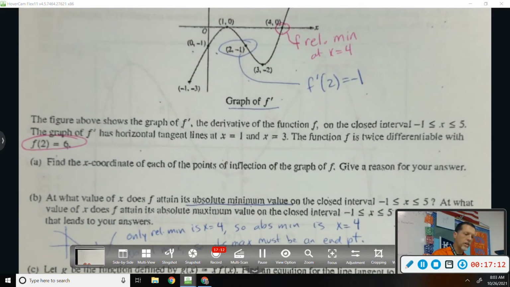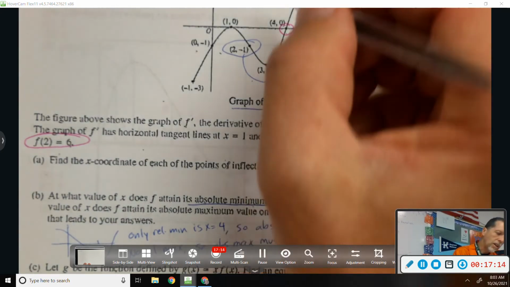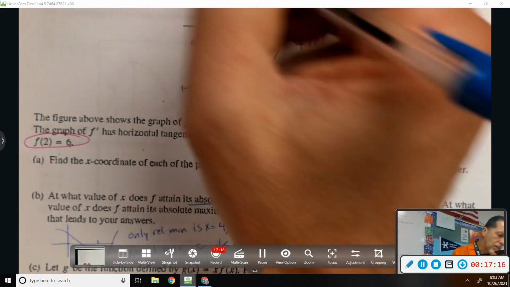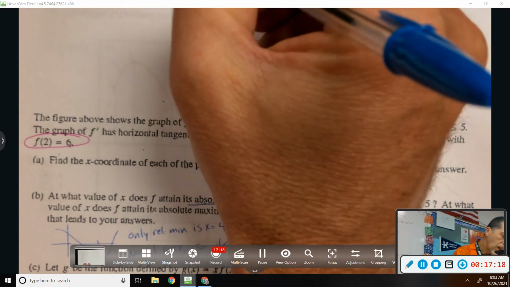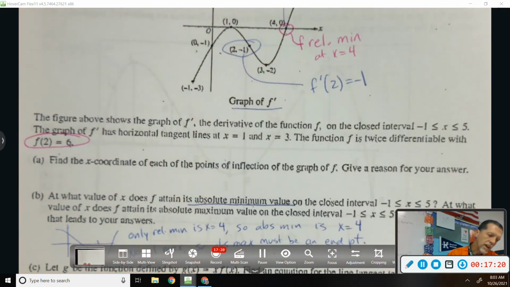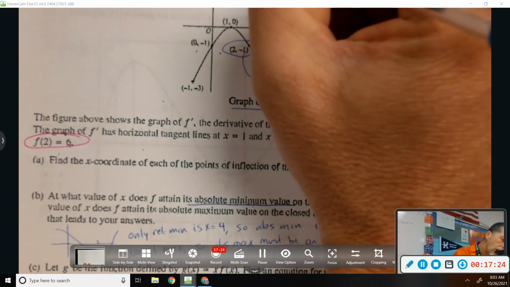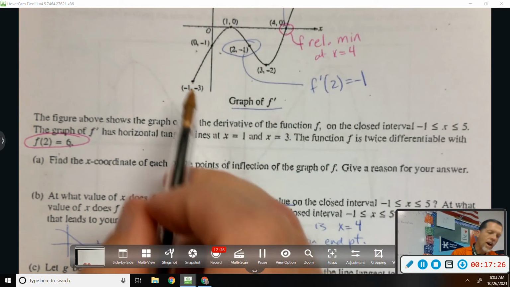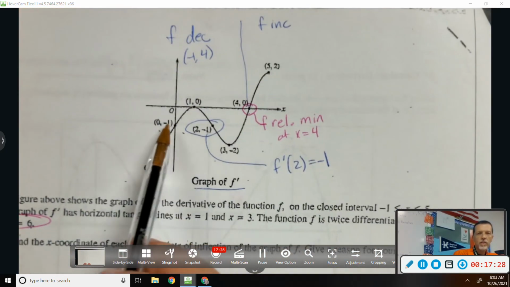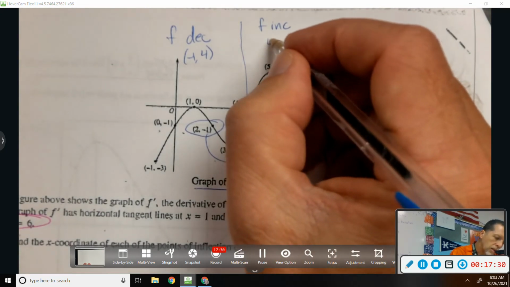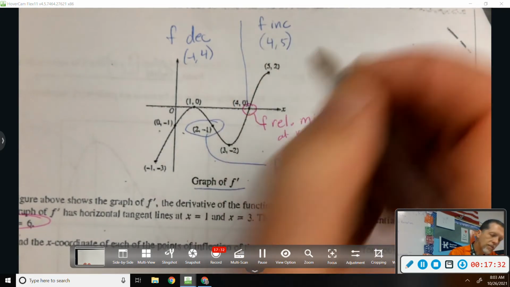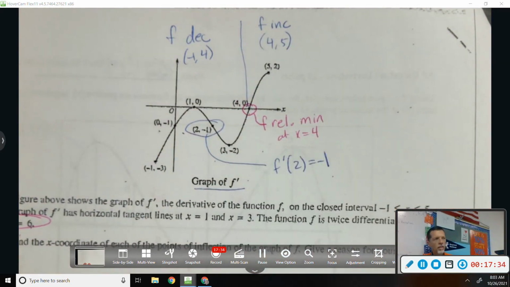So we look at our graph, and f is decreasing from -1 to 4. And f is increasing, f, not f prime, from 4 to 5. So we increase from 4 to 5, we decrease from -1 to 4.